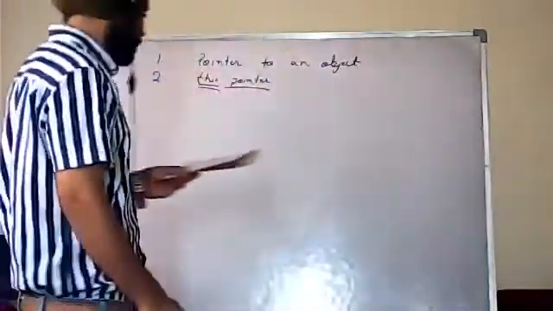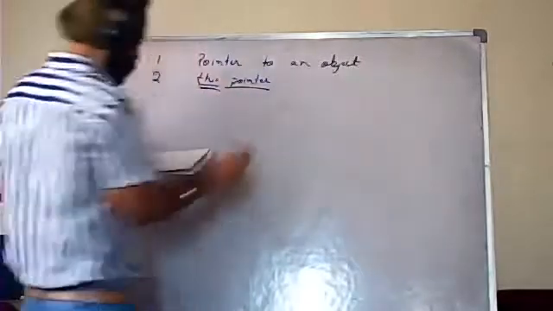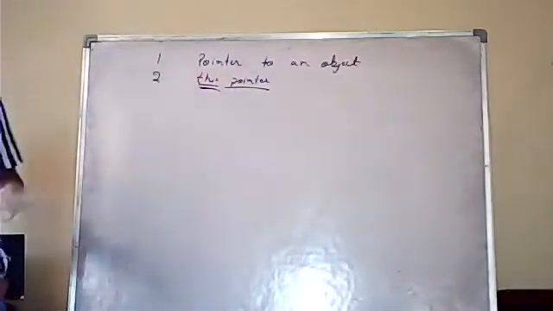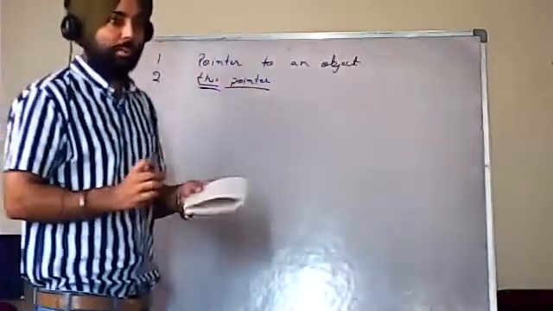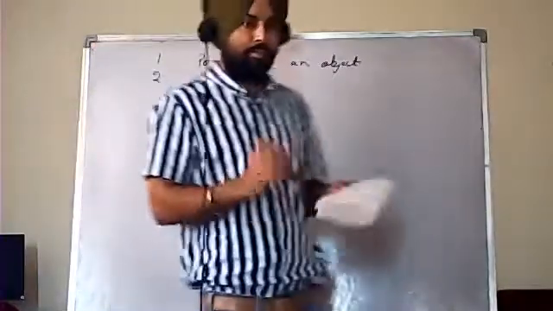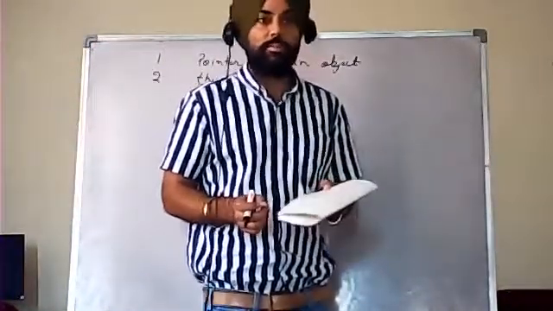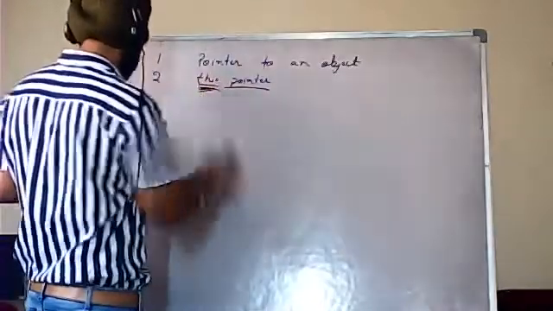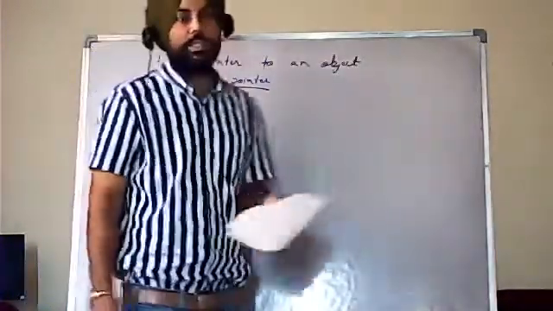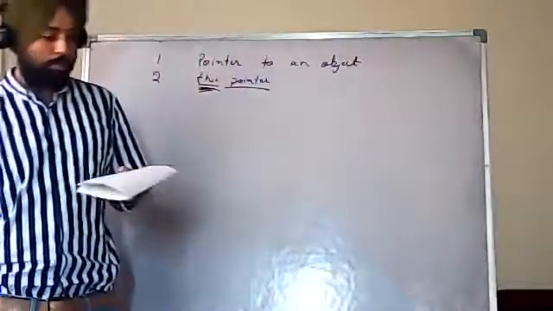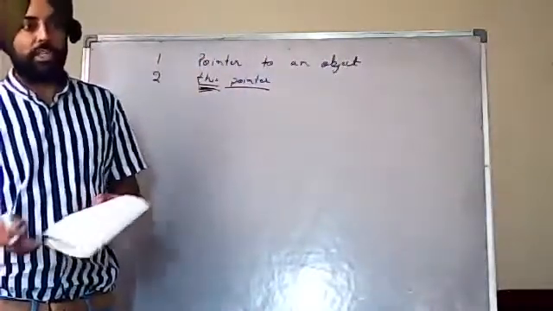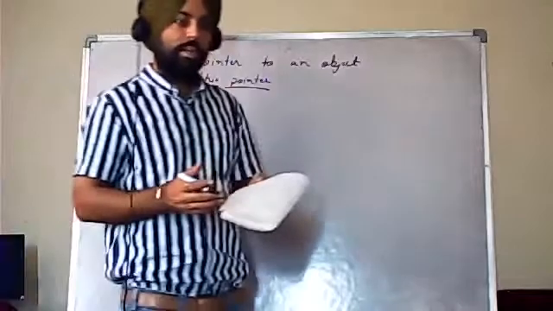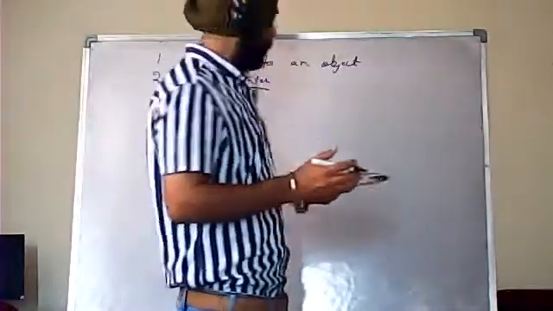The this pointer holds the address of a particular object whose member function is invoked. Okay.